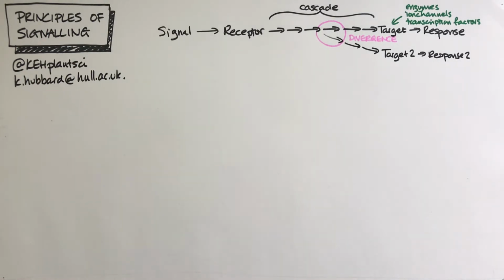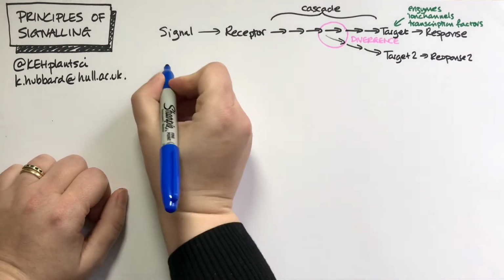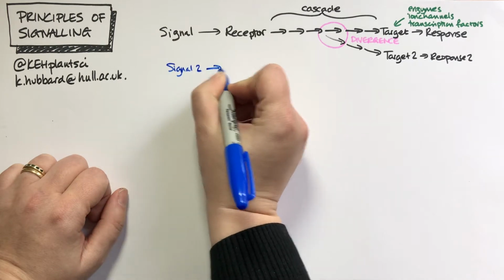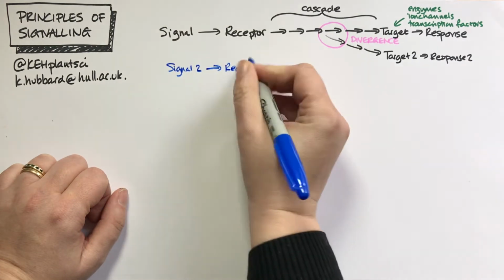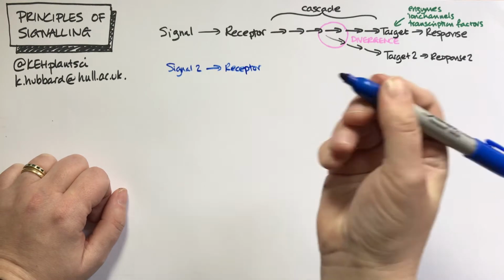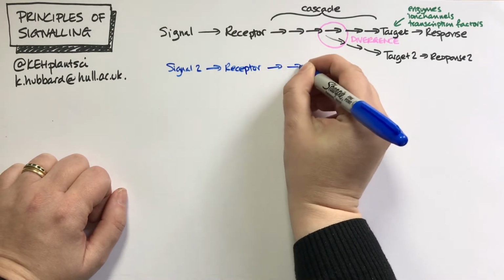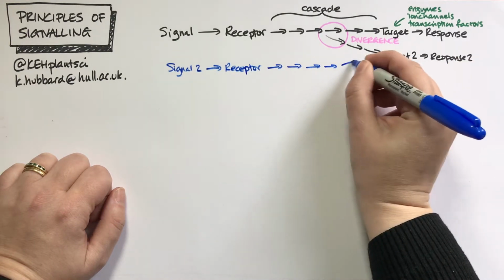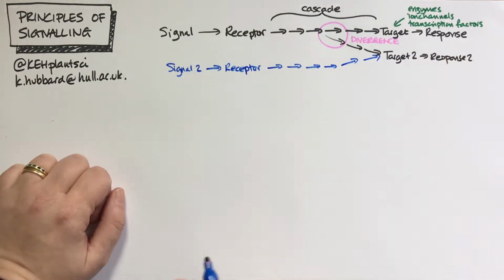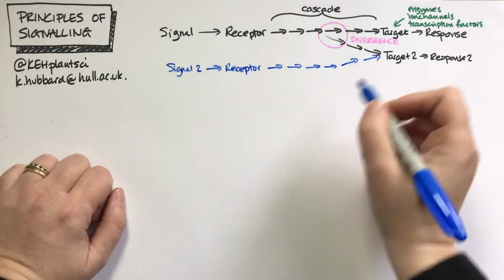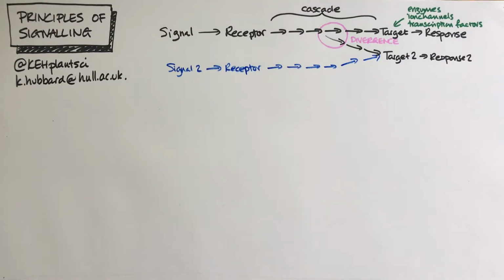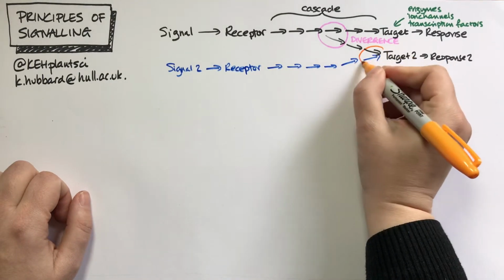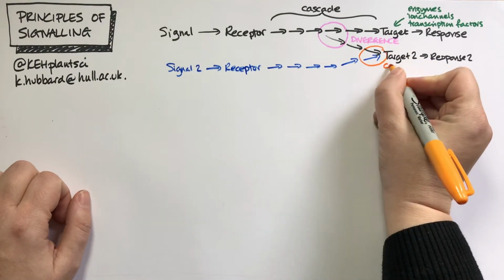But it might get more complicated than that. So we might have a second signal that has its own receptor, that has its own cascade, but it might also end up targeting this target 2. Here, where we've got 2 different signals combining and targeting one response, we just call that signal convergence.